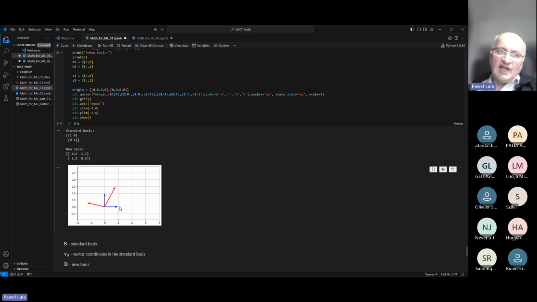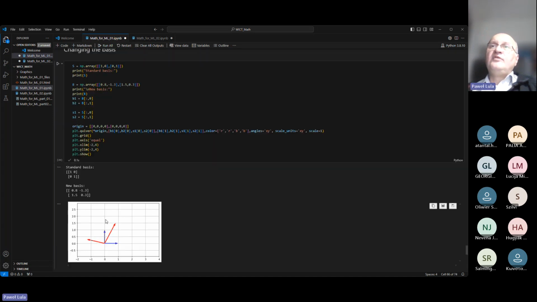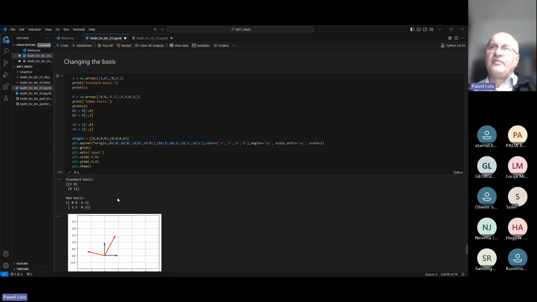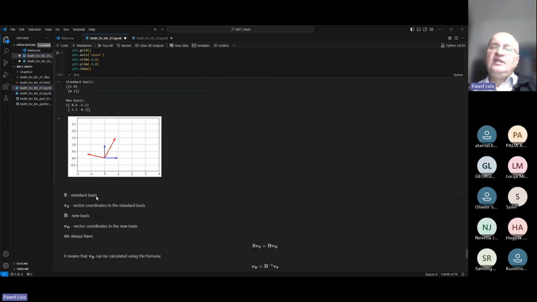This blue one is a standard basis, and this new basis is represented by these two red arrows. This graph was generated using this program. And now, the most important element of it: how to change bases, how to move from one basis to another.